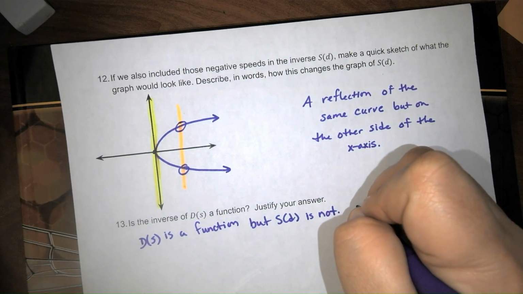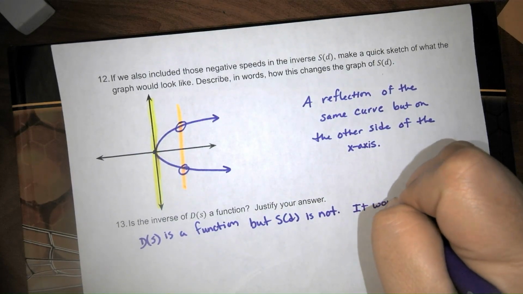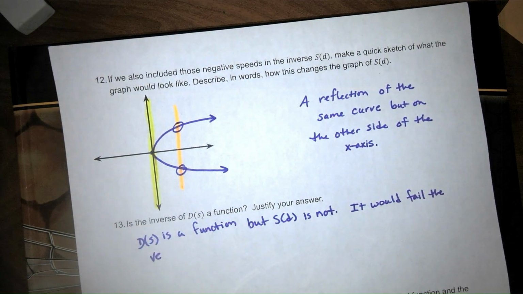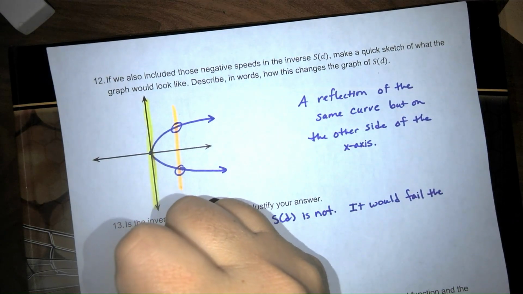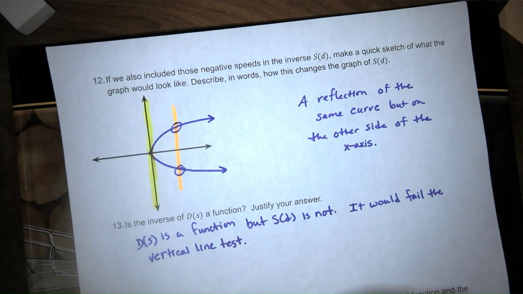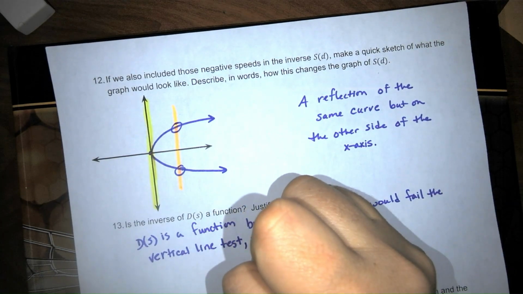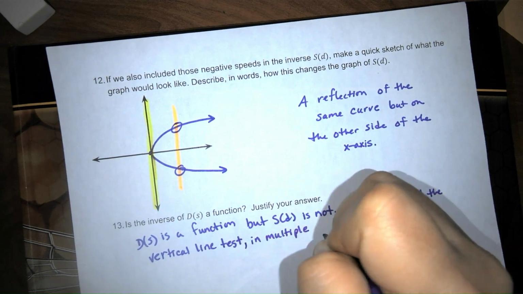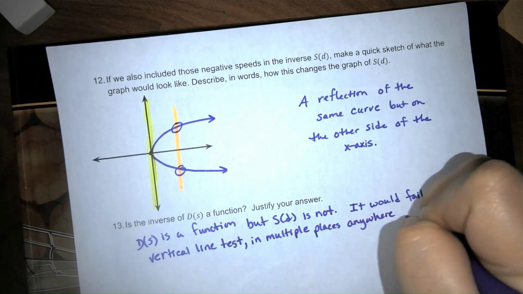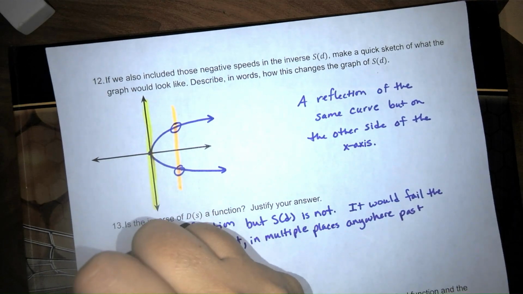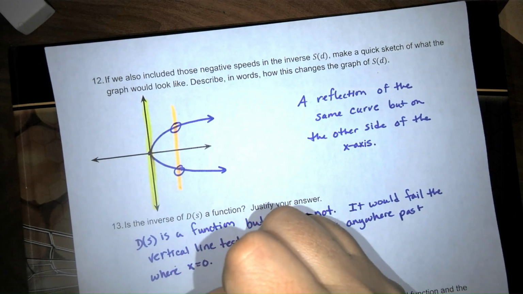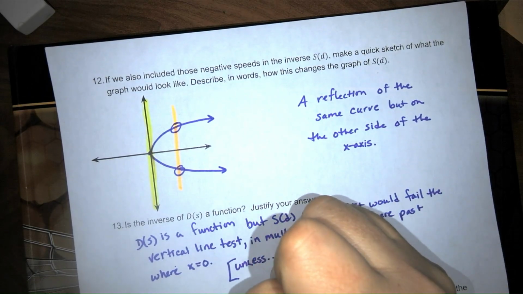S of D is not a function because it would fail the vertical line test in multiple places, anywhere past where x is 0, unless we restrict the domain.